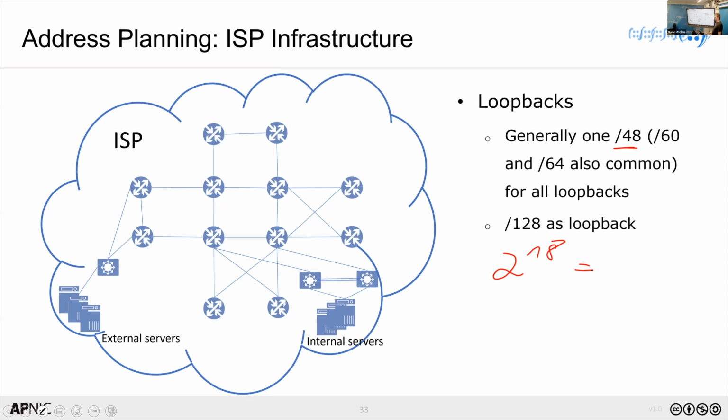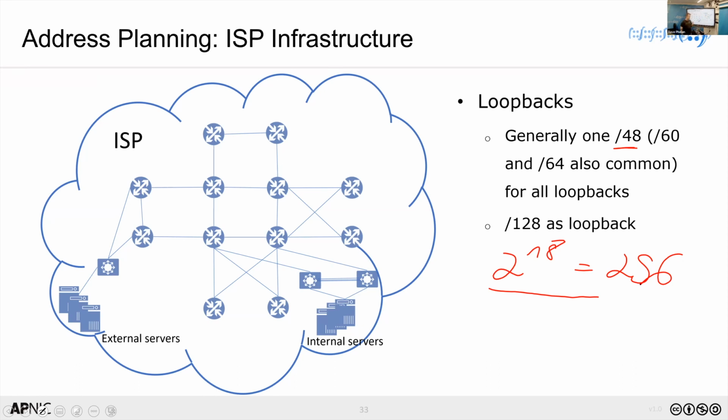What's 2 to the power of 8? Please answer. 2 to the power 8, 256. We have 256 /48s here. So we'll take one of those.